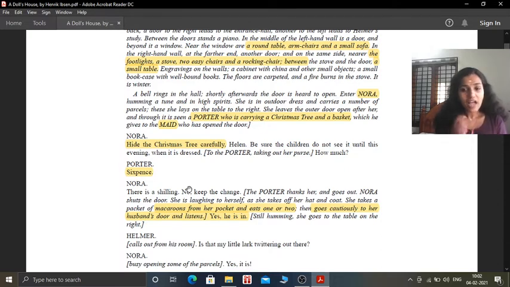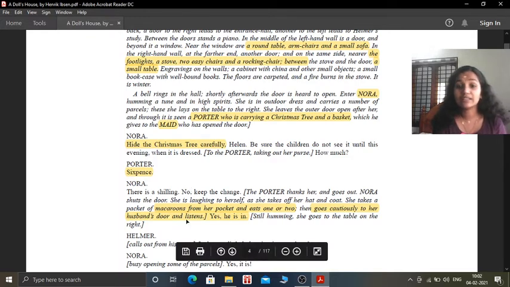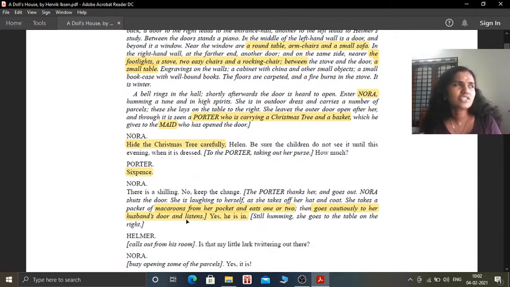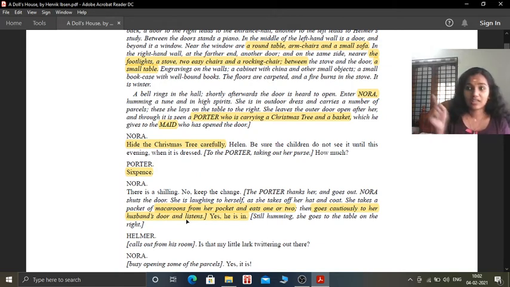And after that, she goes cautiously to her husband's door and listens. So she came back and went to the room, and she checked whether her husband is in or out. Yes, he is in. He is here in the house itself.